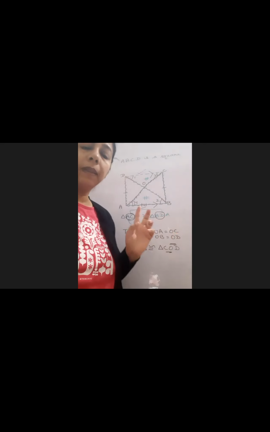Now what is the third thing left? Bisect at 90 degree. Yes. So children, see what I am going to do for that. I'm just redrawing it so that you can see it clearly. See, we have a square.